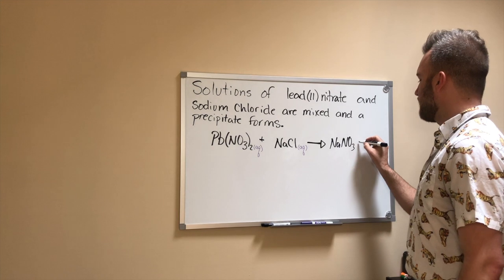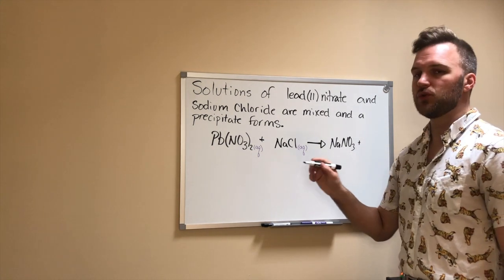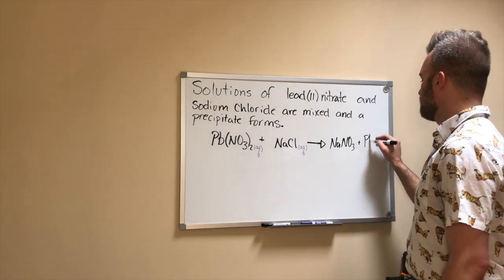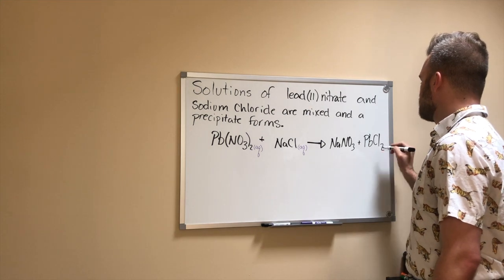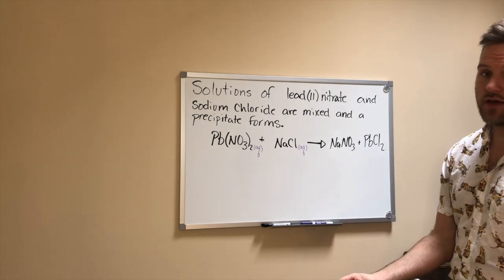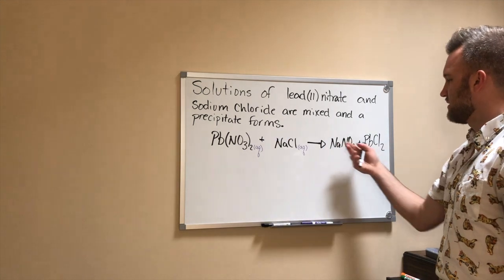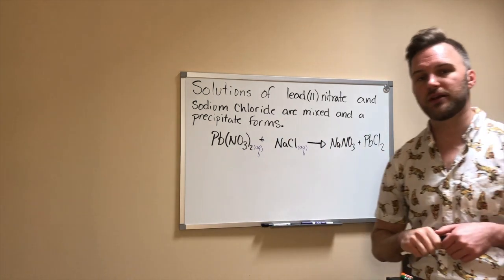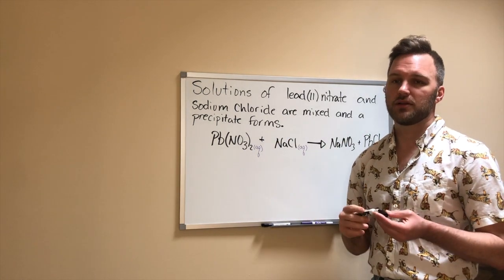So the other compound that forms is lead(II) chloride, PbCl2. So now we have our products as well, the reactants, the products, and notice the products are separated by that same familiar plus sign.